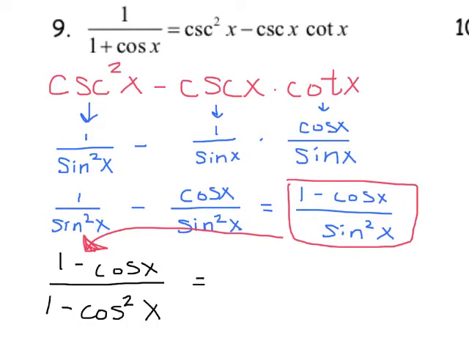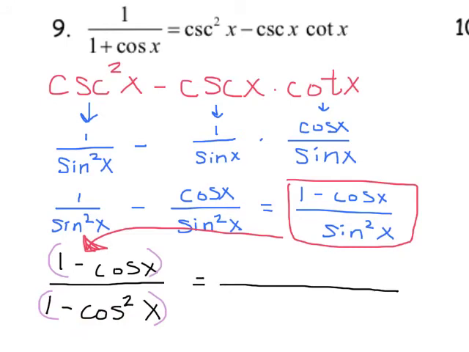Now, before you get all excited crossing stuff off, make sure that you are crossing it off for the correct reason. I've talked about this before, but pluses and minuses really mess up a whole bunch of stuff. Remember that this is the group 1 minus cosine x, and this is the group 1 minus cosine squared x. While they are very similar, they are not in fact the same. So what is the same, though, is if you use difference of squares for this guy.